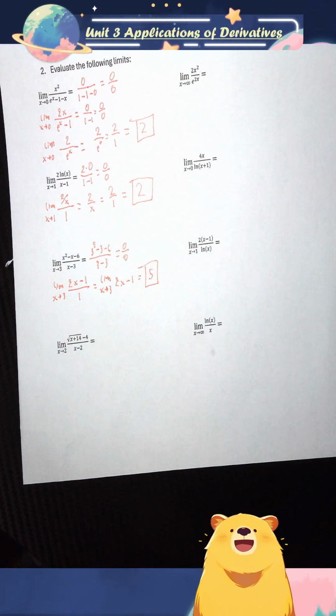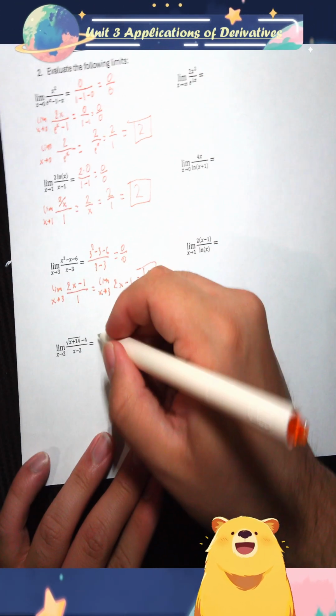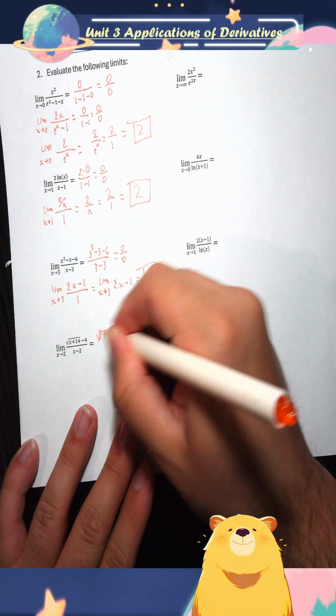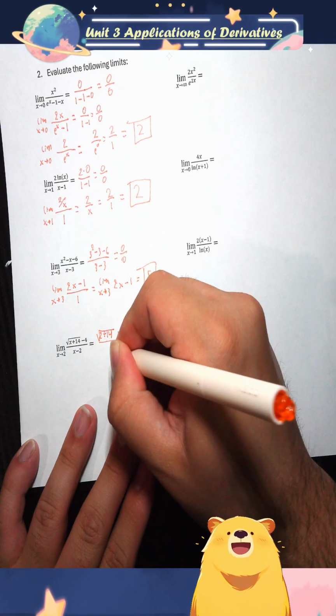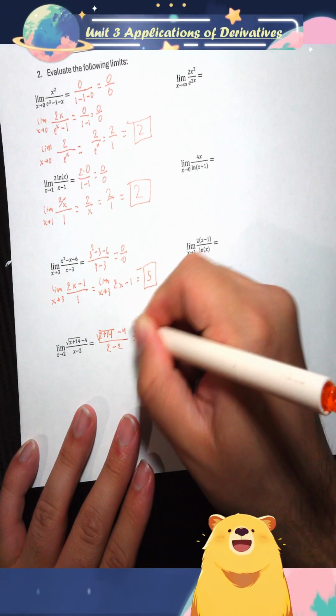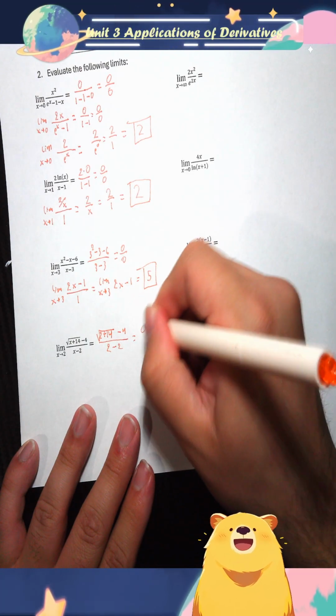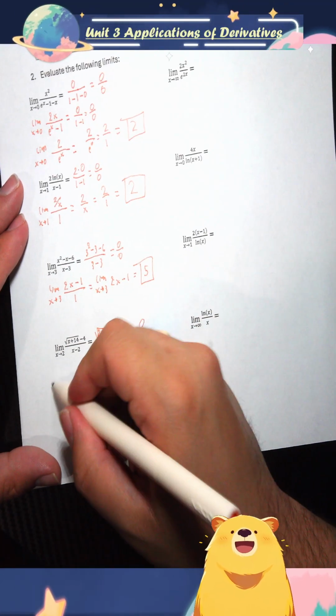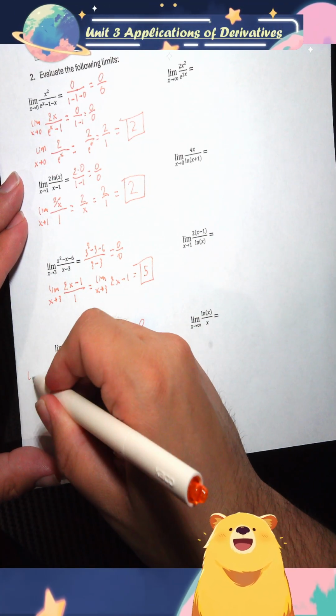Let's see here. We got 2 plus 14 square root minus 4 over 2 minus 2, which that's going to be 16 square root is 4, so that's 0, and this is 0. Okay, let's do a derivative. This one's going to be really ugly though, but we could still do it.